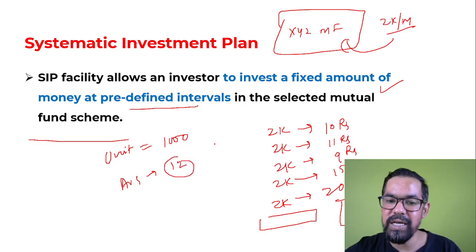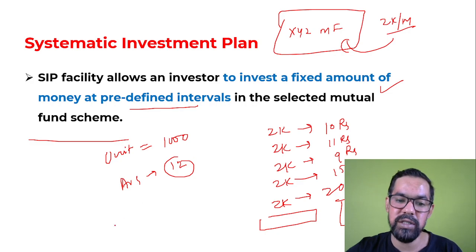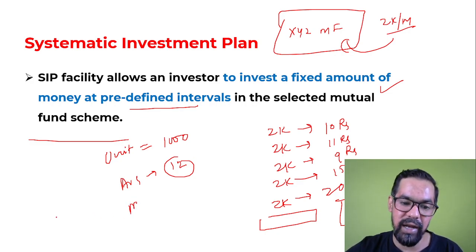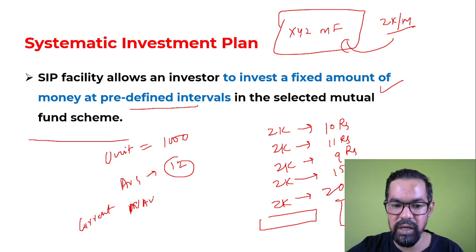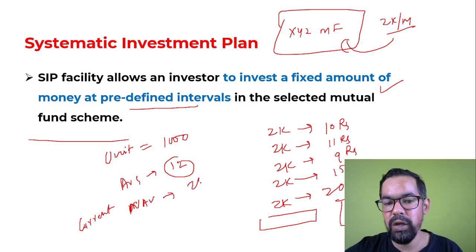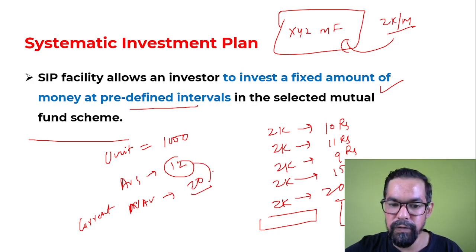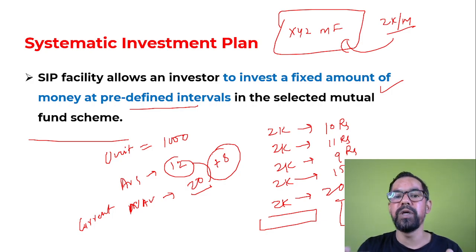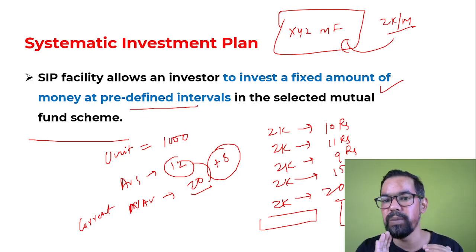The market price, or the current NAV, for this particular mutual fund after 2 years is, suppose, 20 rupees. So you'll make a profit of 8 rupees per share. Your profit will be 8 rupees per unit in this particular case.